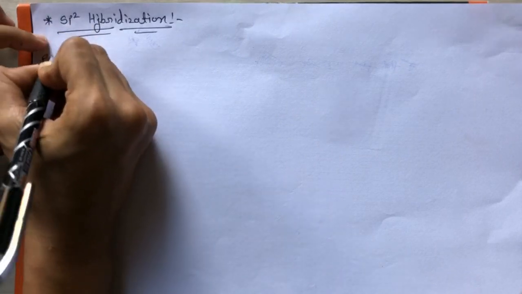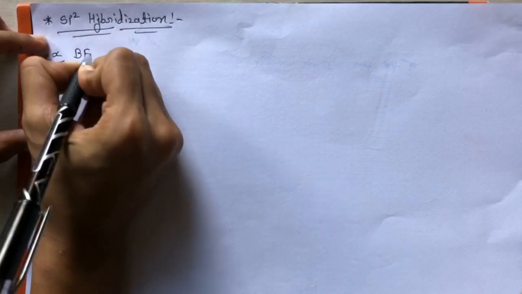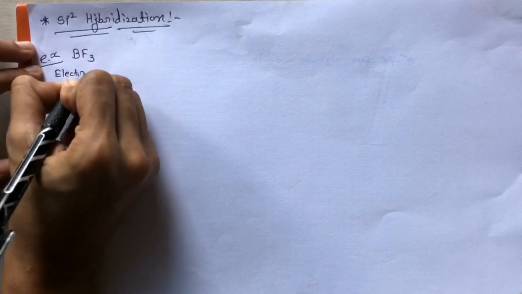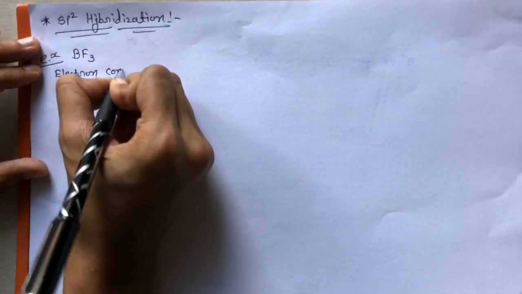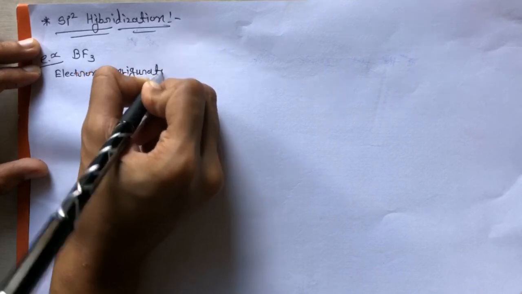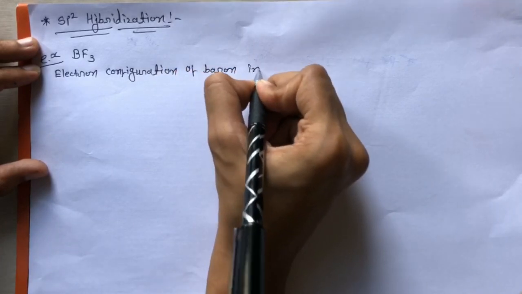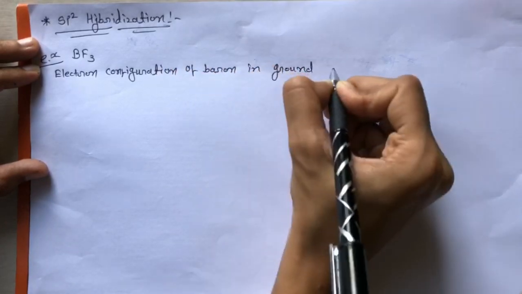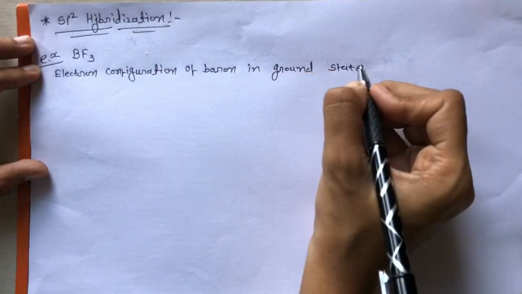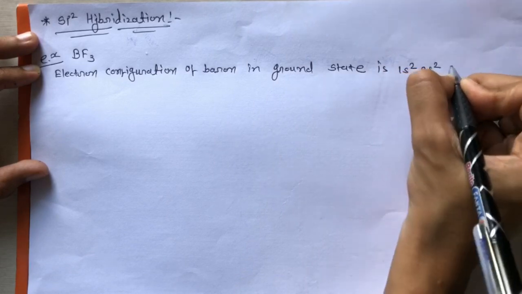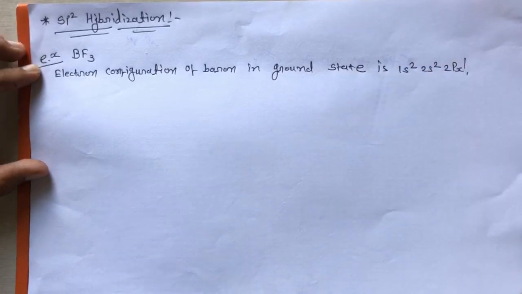Now what is sp2 hybridization? If we have an example of BF3 molecule, right? The electron configuration of boron in ground state is 1s2, 2s2 and 2px1, right?